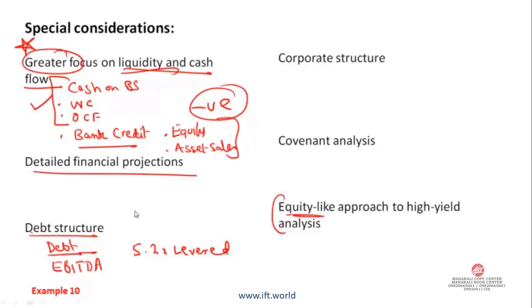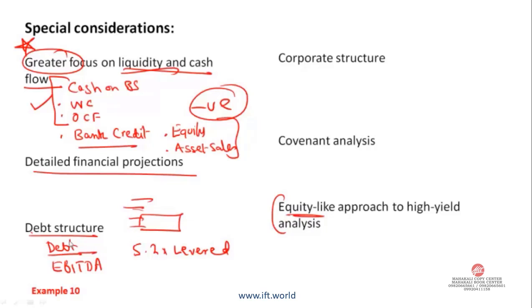So we need to understand how much debt is senior, subordinate, and then within senior and subordinate, secured debt versus unsecured debt. So we've talked about debt structure earlier. Here we need to understand the debt structure of the entity issuing corporate bonds, and then for the particular issue that we are evaluating, where in the debt structure it falls.